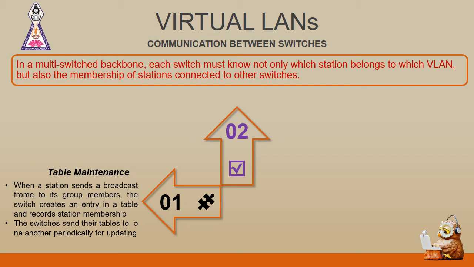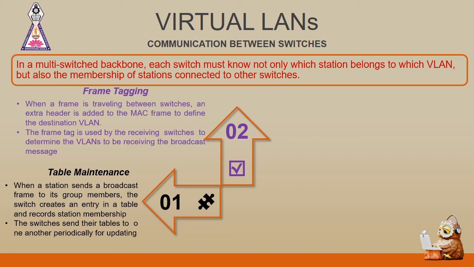The second method is the frame tagging method. So frame tagging is nothing but the frame has to travel across the different switches. Since it is traveling across the switches, in order to identify a particular station and a particular virtual LAN, an extra header is added which will define the destination VLAN.